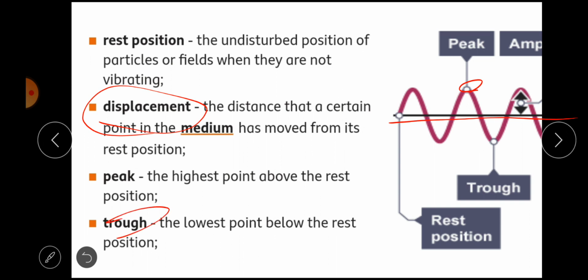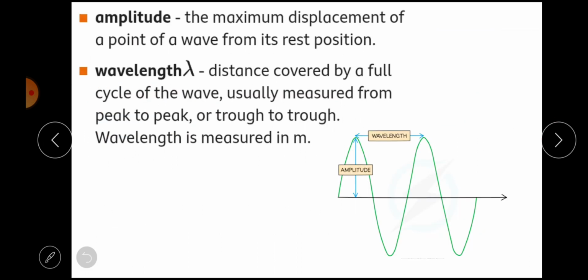Then we have the trough, which is the lowest position of the wave. And then we have the amplitude. The amplitude is the maximum displacement of a point of a wave from its rest position. We normally measure the amplitude from the rest position to the peak, or from the rest position to the trough.